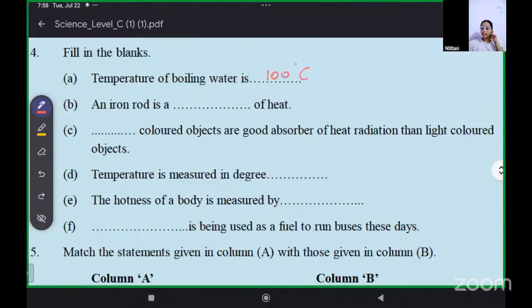An iron rod is a dash of heat, Abraham. Ma'am, an iron rod is a conductor of heat. Anna, dark-colored objects are good absorbers of heat radiation than light-colored objects.